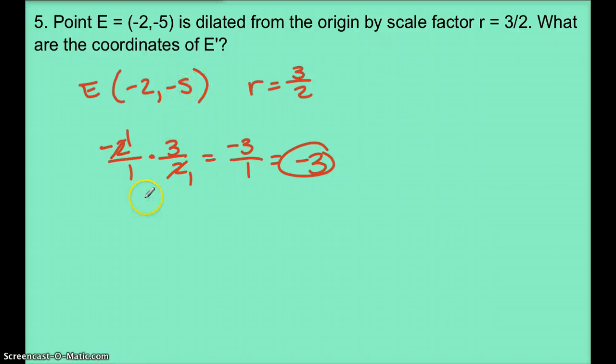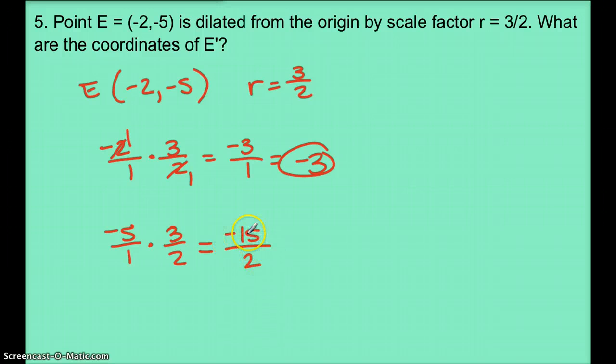And we'll do the same thing for -5. So that's -5/1 times 3/2. Here, there's nothing I can cancel. There's no number that will go into both 2 and 5 evenly. So I'll just go straight across. -5 times 3 is -15. 1 times 2 is 2.